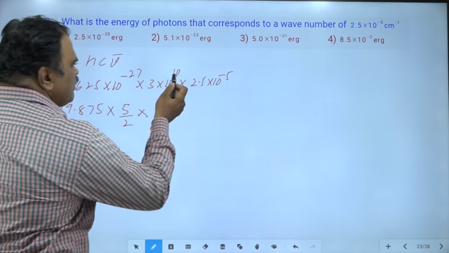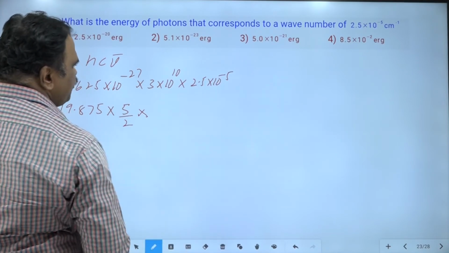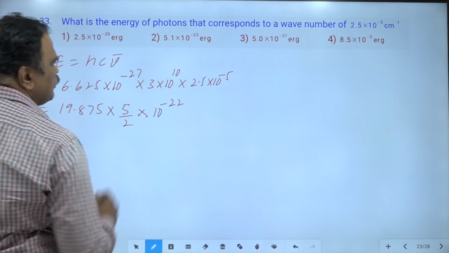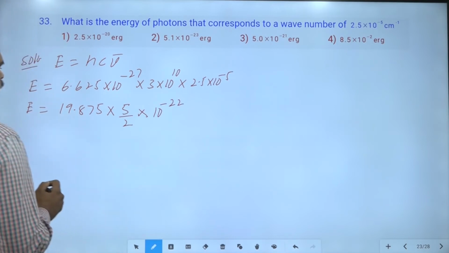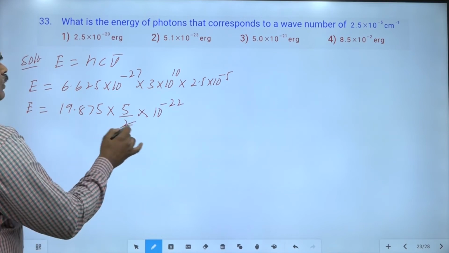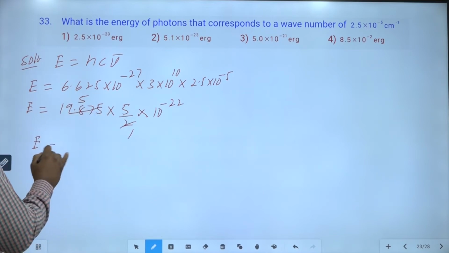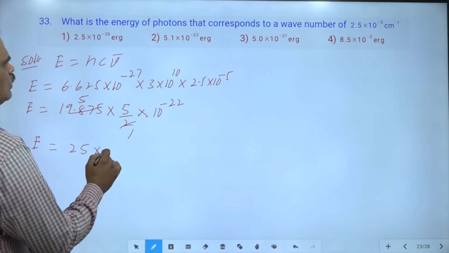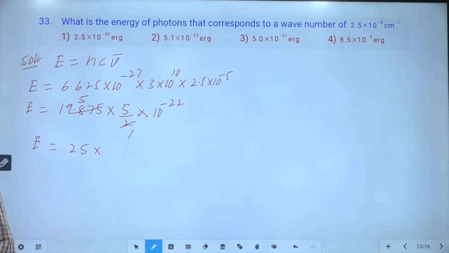Minus 27 plus 10 minus 5 gives 10 power minus 22. If it is approximately taken as 20, then 25 into 10 power minus 22 erg.